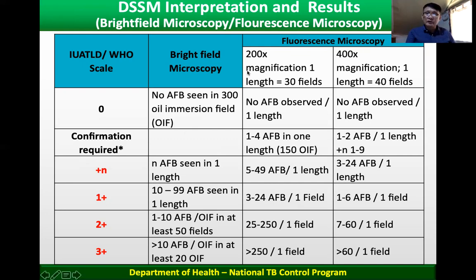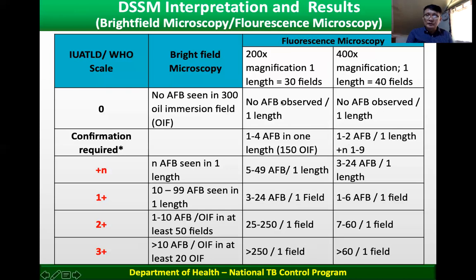For fluorescent microscopy, two magnifications can be used: the low power objective and the high power objective. Originally, we use the low power first, then after we have identified the bacilli, we shift to the high power objective. You will see that the result really varies.